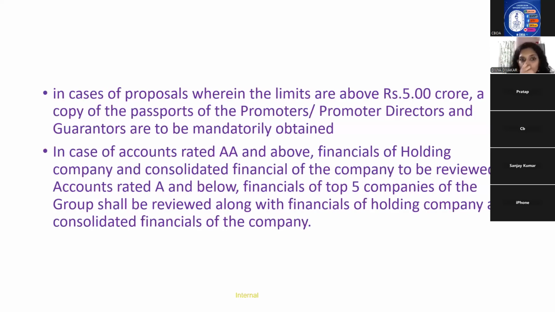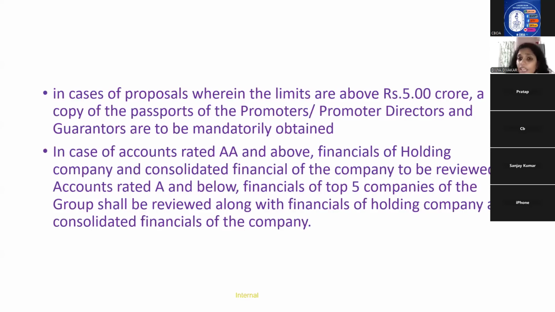In case of accounts rated AA and above, financials of the holding company and consolidated financials of the company have to be reviewed. Remember, if it is rated A and below, financials of the top 5 companies of the group shall be reviewed along with the financials of the holding company and the consolidated financials of the company.